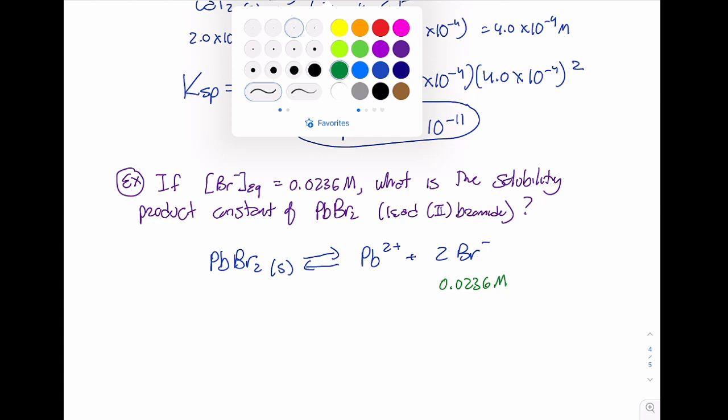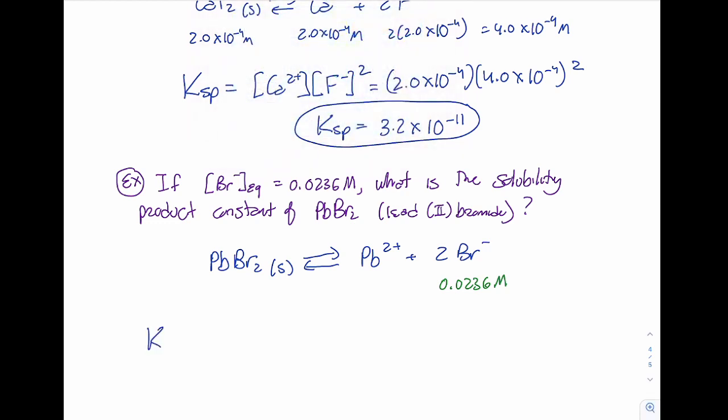And then we do need to get our concentration of lead, right? We need to be able to plug these into our expression. My solubility product constant is equal to the concentration of lead 2 plus multiplied by the concentration of bromide ions squared, and we have this number, 0.0236 squared, that's given to us in the problem, but we need to figure out what this concentration is.